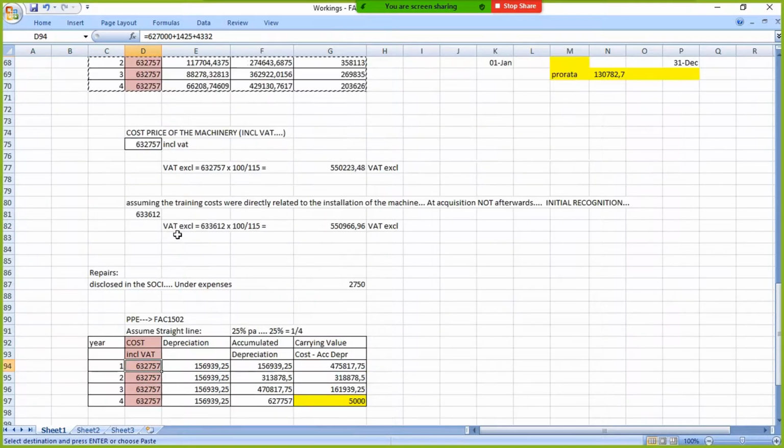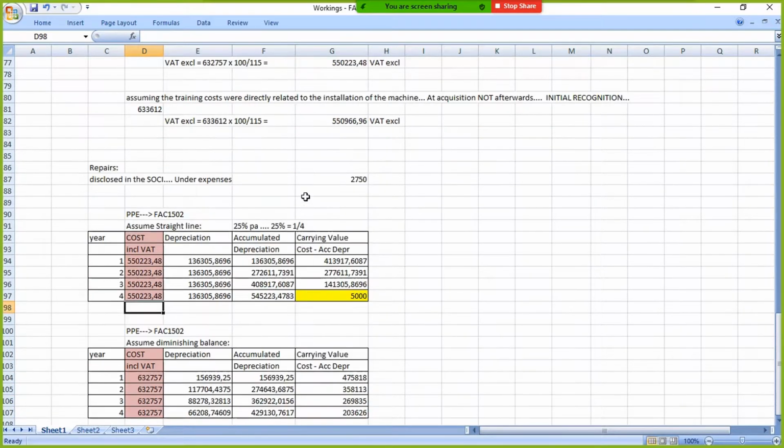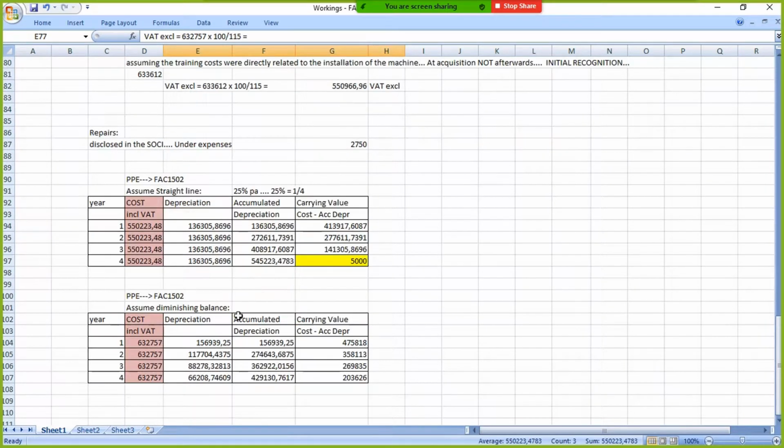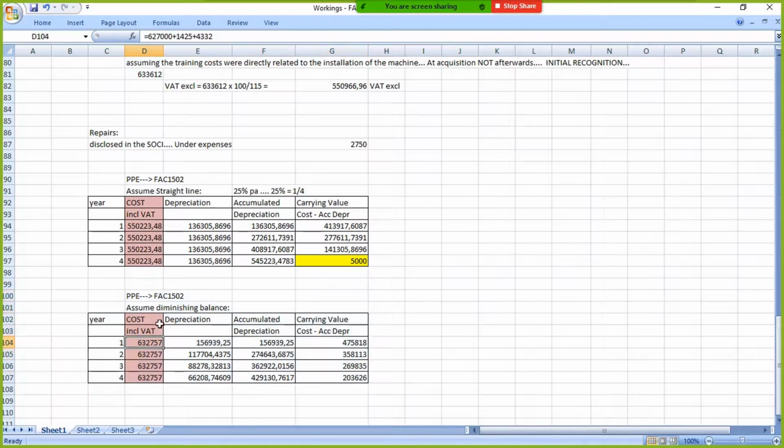Then you would show your workings that we had here. This amount was the cost we had there, excluding VAT. And then this was the cost we had with the other one. Actually, this is straight line, and this is diminishing balance. That's fine, it will be the same cost. That was what we saw after we looked at their solution, because then we knew they gave us inclusive amounts in the question, and we had to work out the exclusive amount before calculating.